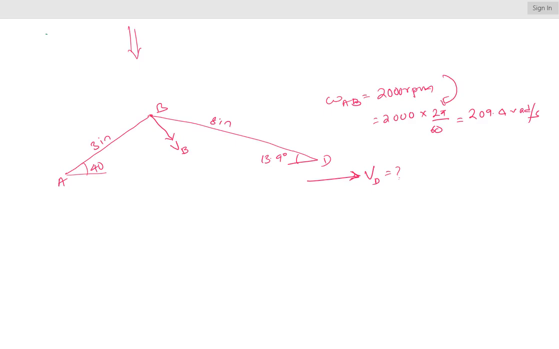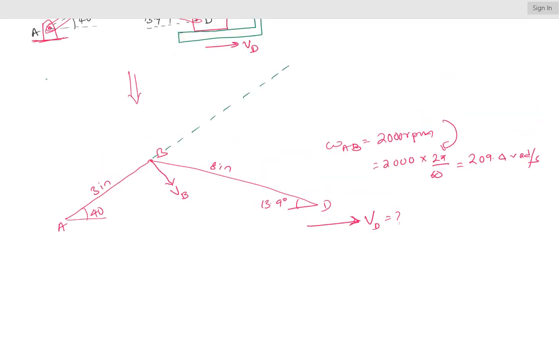Now for BD, we need to draw the arm. We need to find the center of rotation, the instantaneous center of rotation.